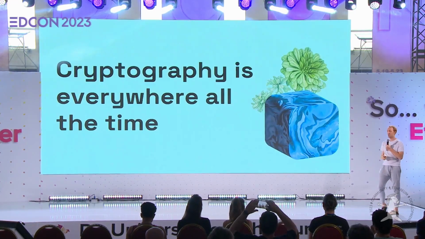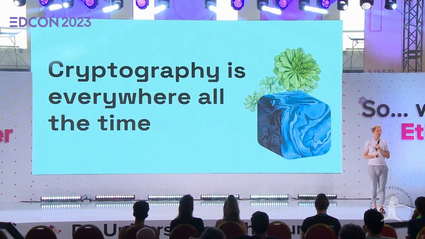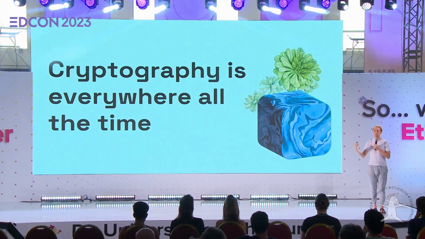Okay, so basically the idea of Semaphore was that we had cryptography. We wanted to make this system, so we invented our own cryptography, or we used cryptography that other people had invented in order to build systems that were very performant. And this was important because with zero knowledge proofs, sometimes the proof part is very costly.